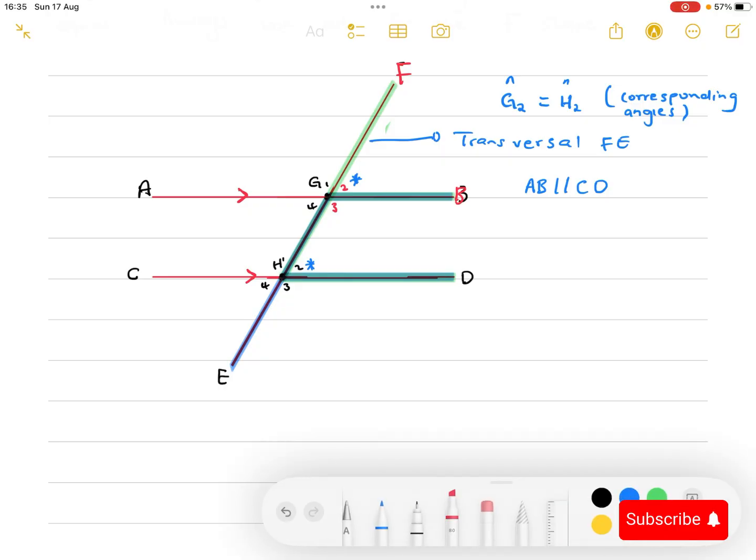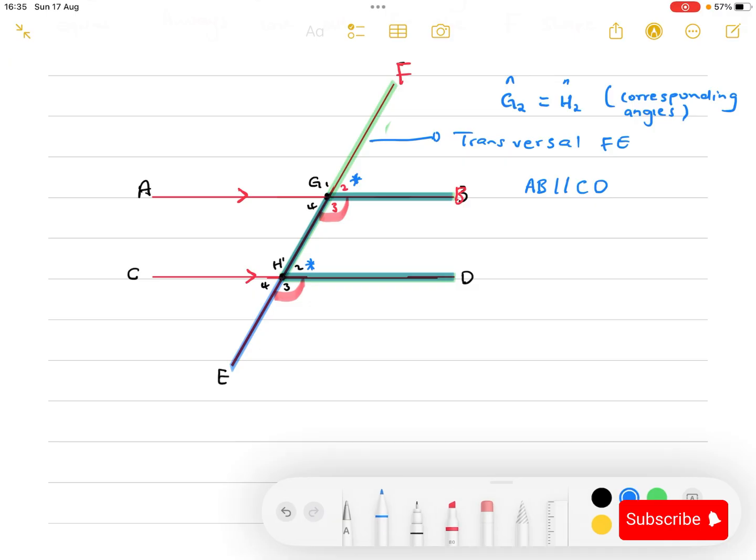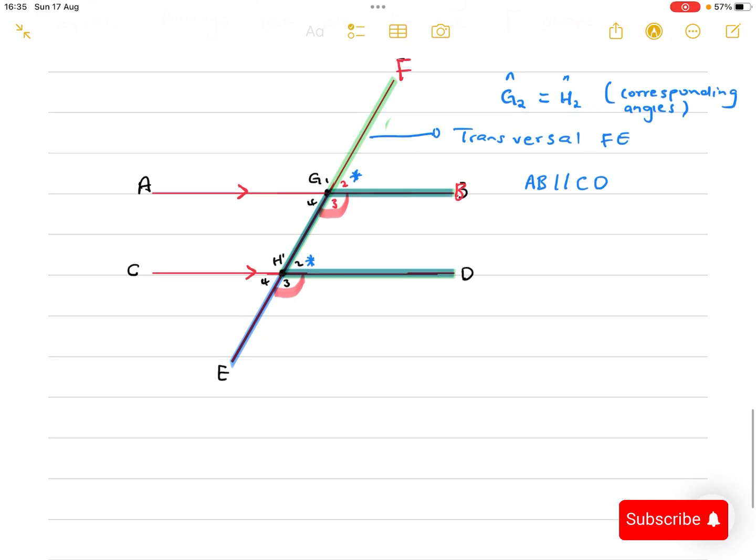So if you look at this F shape, you can see that this angle, which is G3, is equal to this angle, which is H3. The reason is that these two angles are corresponding. So angle G3 is equal to angle H3, because the angles are corresponding.